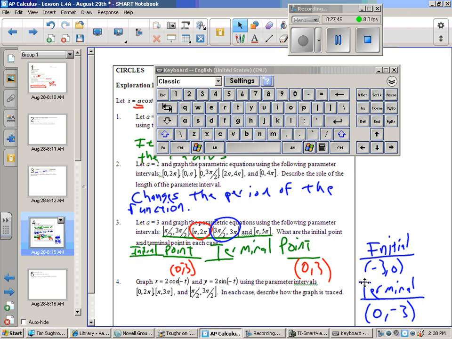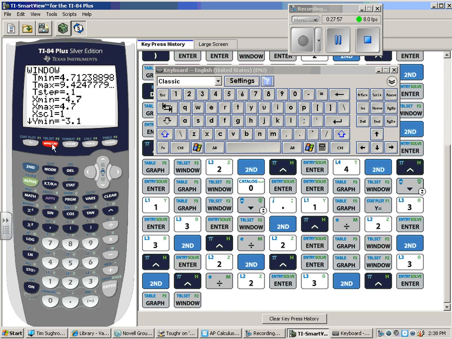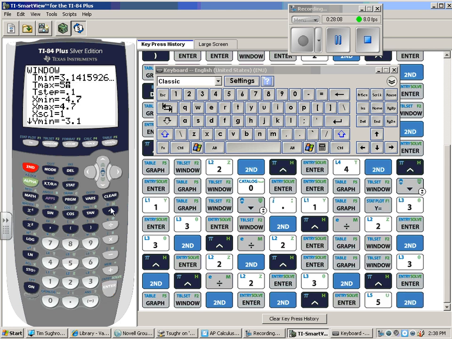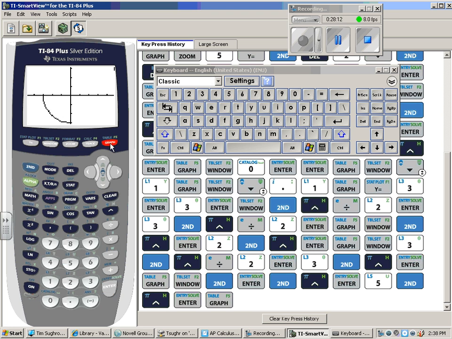The last one I'll do in black. Here it is. Change the window. We're going from pi to 5 pi. And if we graph, here it is. It's kind of hard to tell where that one was starting and where it was ending.